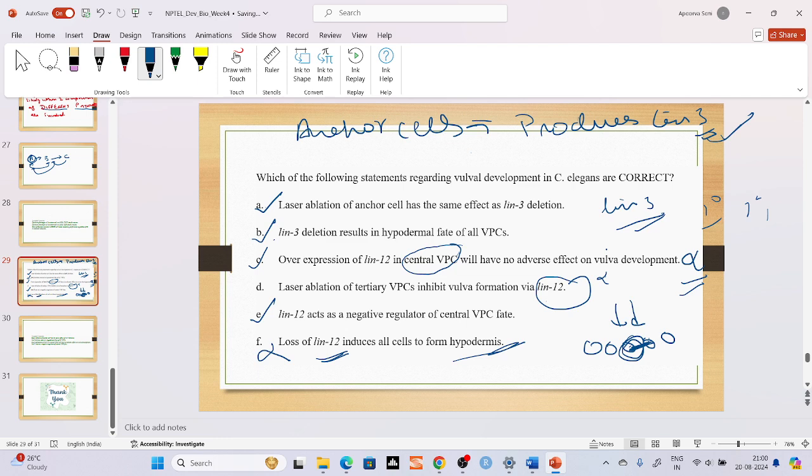So if it has caused the lateral inhibition, and your primary VPC is determined, then whatever happens after that will not have that much effect on vulva development. Important is that at least one of the primary vulval precursor cells should be determined to form the vulva. That is the most important thing over here. So yes, C is also correct. So we have A, B, C, and E as the correct options.